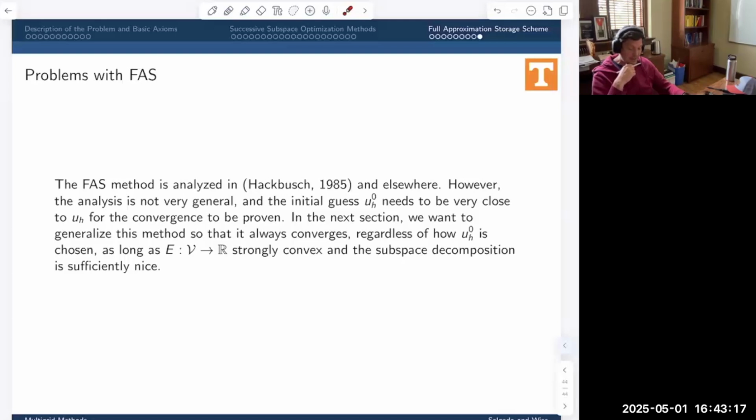So what we want to do now is think about a way of generalizing FAS and simultaneously generalizing SSO in a way that we can get a method which has the best of both worlds. So it can converge provably like SSO for any energies which have these nice properties like strong convexity and the local Lipschitz smoothness, et cetera, et cetera.